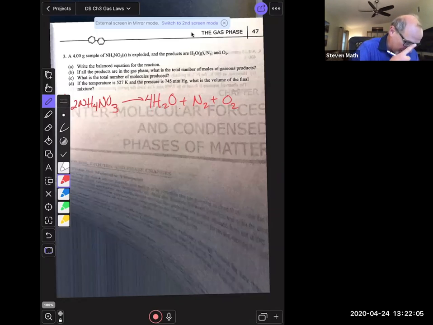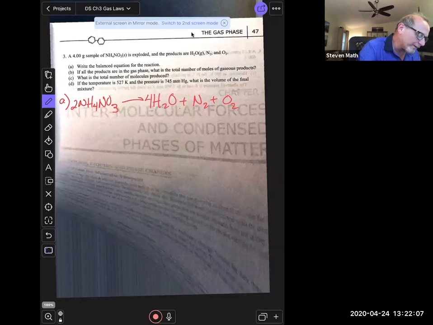Then it says, imagine, what if all the products were gaseous and you started out with 4 grams? No problem, 4 grams of NH4NO3. Molar mass of that is 80 grams per mole. Whoops.